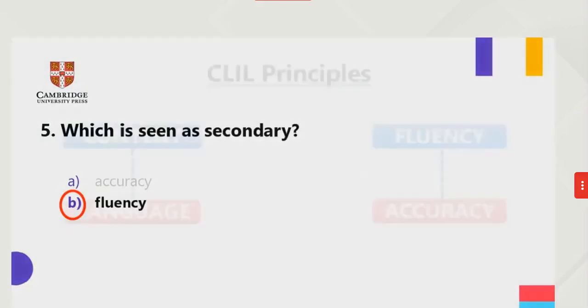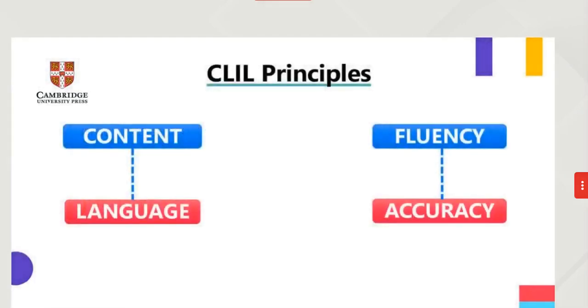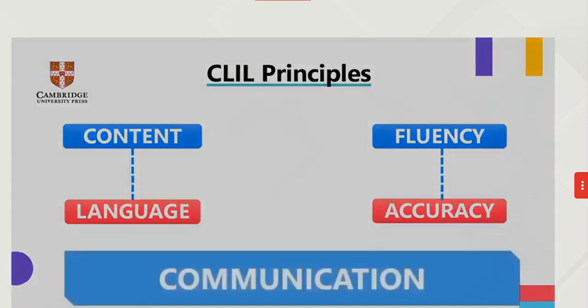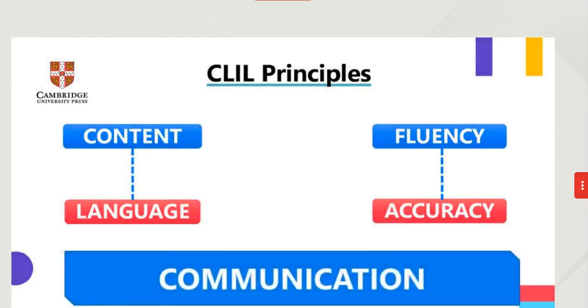Focus in CLIL lessons is on fluency. One of the key principles of CLIL is that fluency is more important than accuracy. The nature of CLIL lessons means that the students will produce and be exposed to a wide range of language. So the focus is firmly on communication, and accuracy, of course, comes with time.